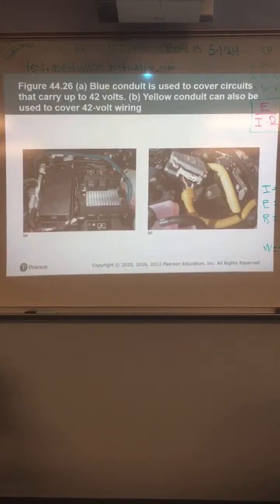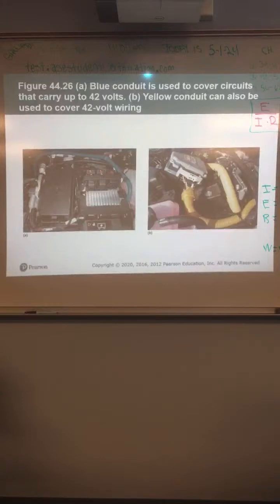That's the starter I'm thinking about. No, that's not the starter. You can't get electrocuted from a car unless it's a hybrid. If it's a normal car with a 12-volt system, there's not enough amperage or voltage in there to hurt you.